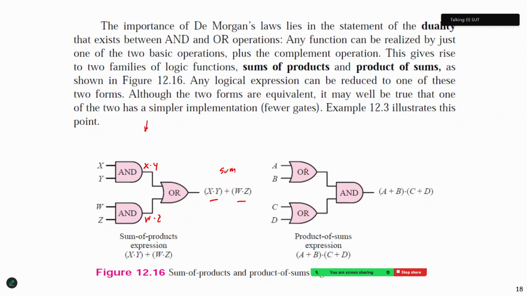And if we pass the signal to OR logic gates, A or B is A sum B, right? C or D is C sum D here, and we AND together. And here we call the product of sum. So we have sum of product and product of sum. Okay.